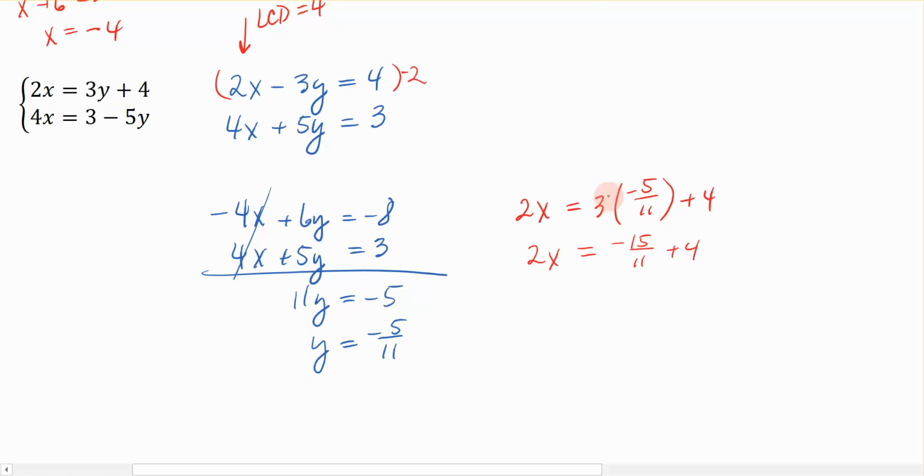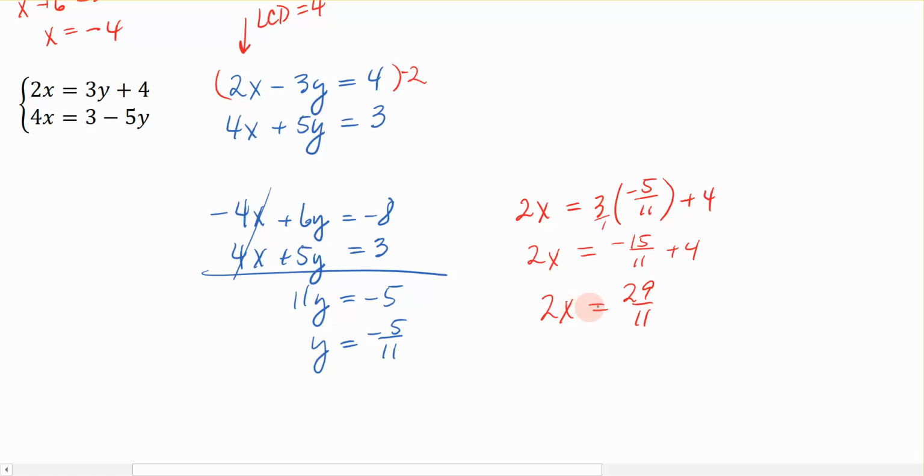Because remember, when you multiply a whole number times a fraction, that's like multiplying 3 over 1. And you multiply numerator to numerator, denominator to denominator. So I have 2x is equal to negative 15/11 plus 4. If I were you, I would take negative 15/11 plus 4 and add those two numbers together on my graphing calculator pretty quick, and make sure that you keep it as a fraction, and that's going to give me 29/11.